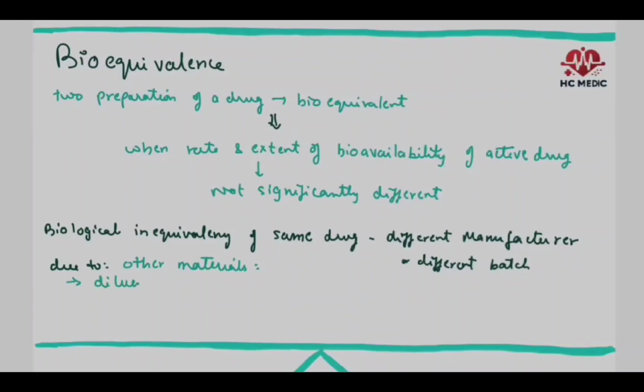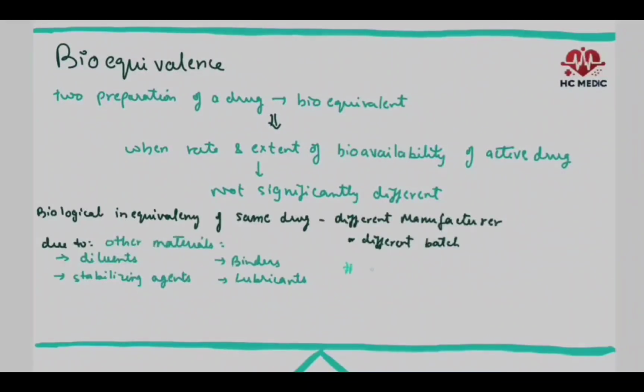This is due to not the active ingredient but other materials like diluents, stabilizing agents, binders, lubricants. Now the difference in the bioavailability is not because of active ingredient, it is because of the variation in the disintegration and the dissolution rates, which is dependent on the other materials.